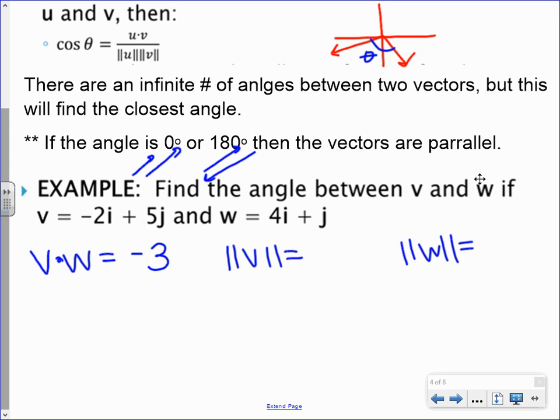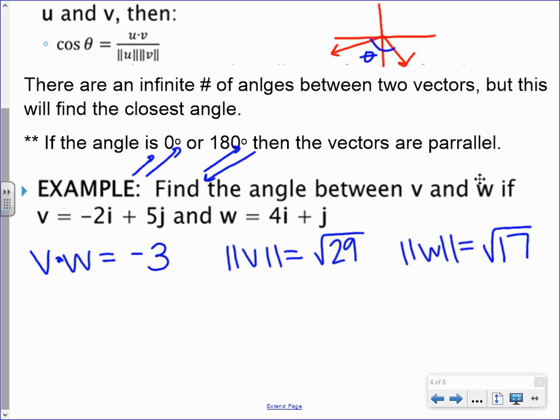What would the magnitude of vector B be? Radical 29? And vector W, the magnitude of vector W. Grace W, what do you have? Radical 17.